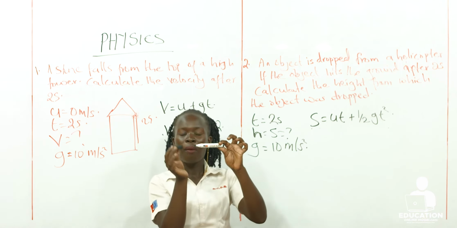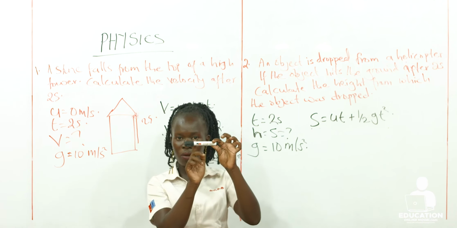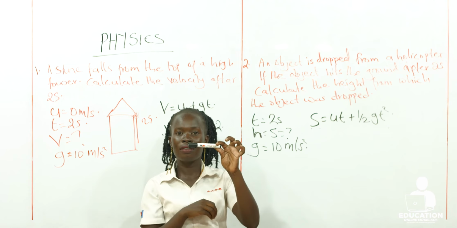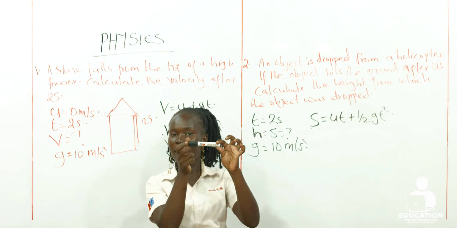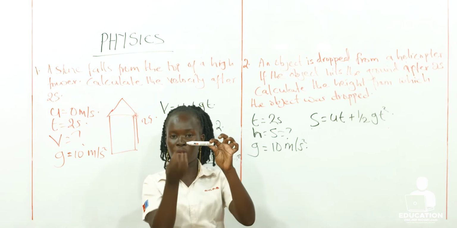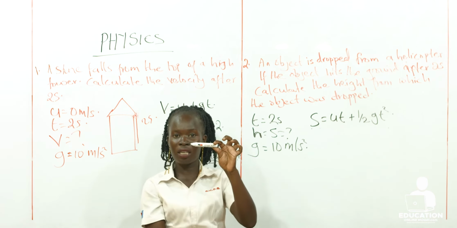Meaning that the moment this was on the helicopter, it is at rest. It is not moving. It is the helicopter moving, but not the object. But the moment I release it from the helicopter, it's going to be falling down. So after releasing it, that's when you see that the object is moving.